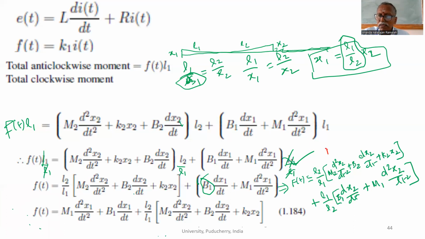Take the Laplace transform on both sides, assuming zero initial conditions.